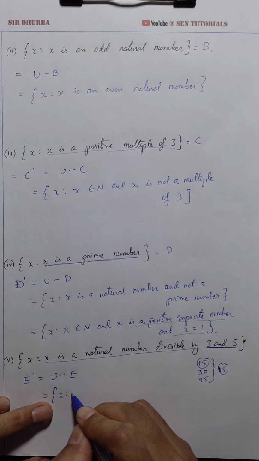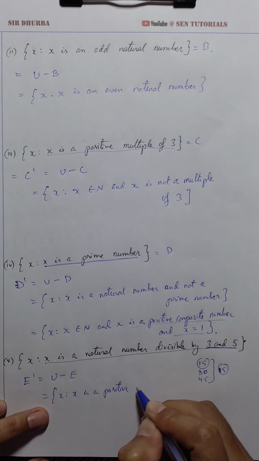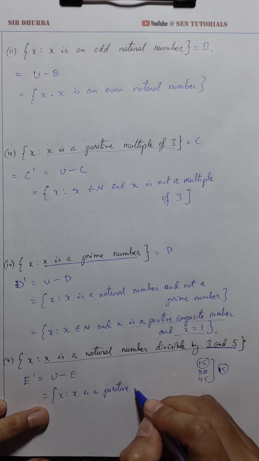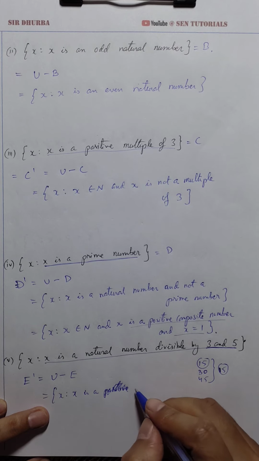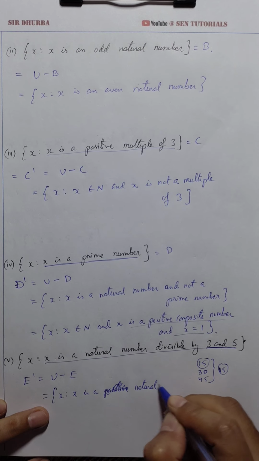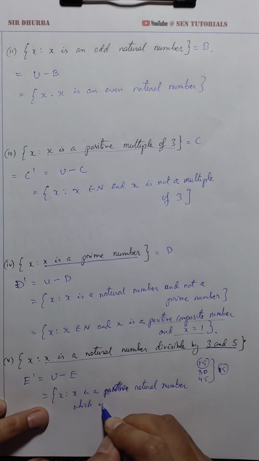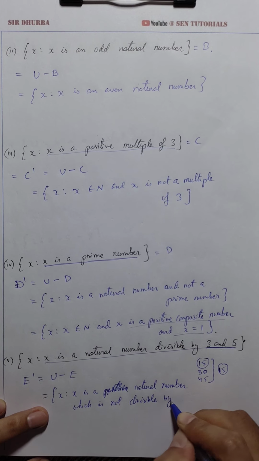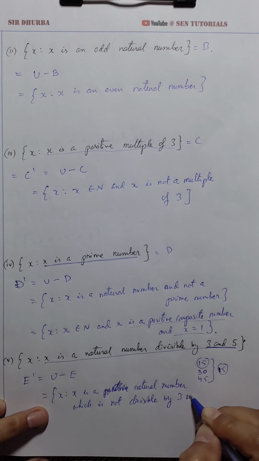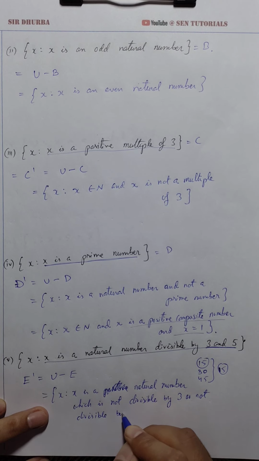That is X such that X is a natural number which is not divisible by 3 or not divisible by 5.